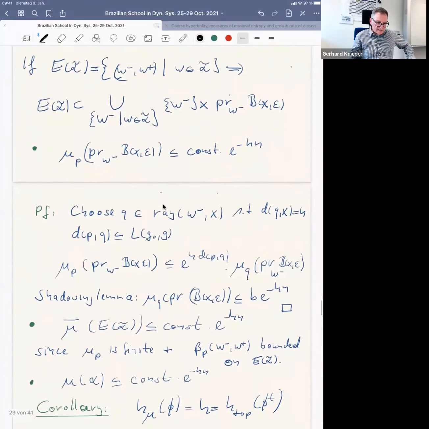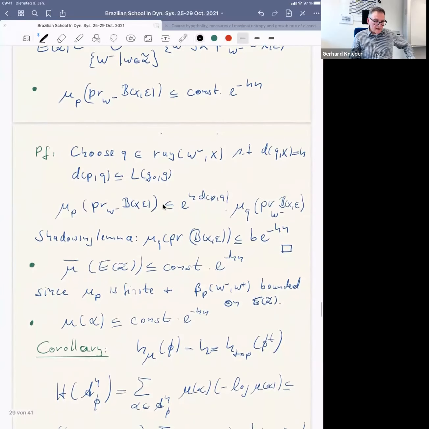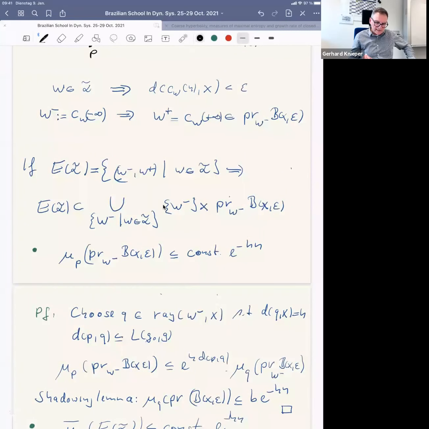The shattering lemma tells you that the measure mu at point Q of this ball is smaller, and I only use the upper estimate, than this constant times e to the minus distance of Q to X. So I choose this to be n, so you get e to the minus hn. This means the second factor is always exponentially small with always the same exponential bound. So you have a good estimate on this here.